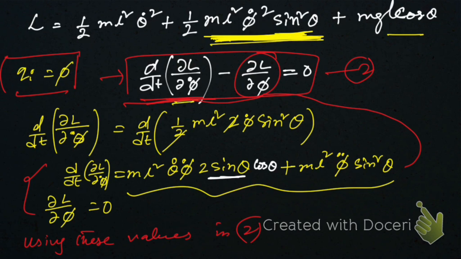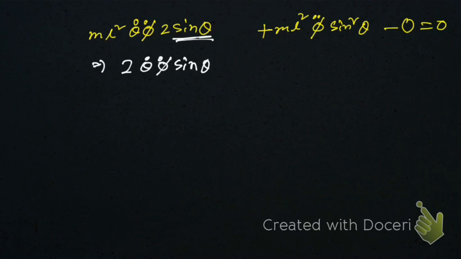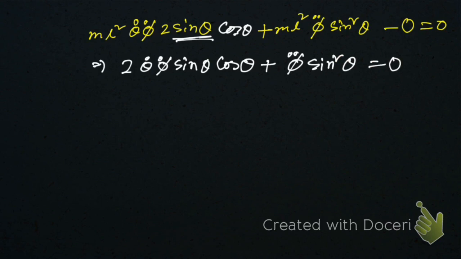I missed that term, sorry for the mistake. So there should be a cos theta here. Hope you have understood this, cos theta, then plus phi double dot sine square theta is equal to 0.